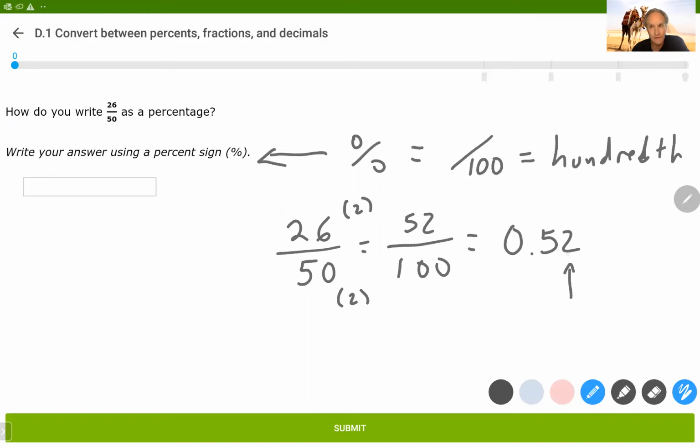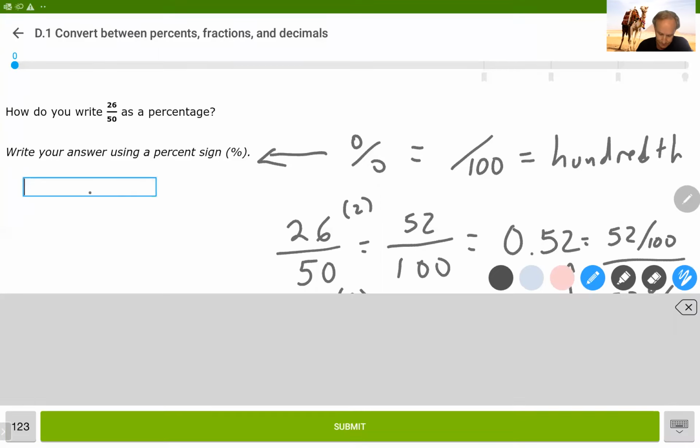This is the hundredths place. So this is 52 hundredths. And of course, this is 52%. But again, this piece was originally written as 52 per 100, and we simplified it to this. So 52%.